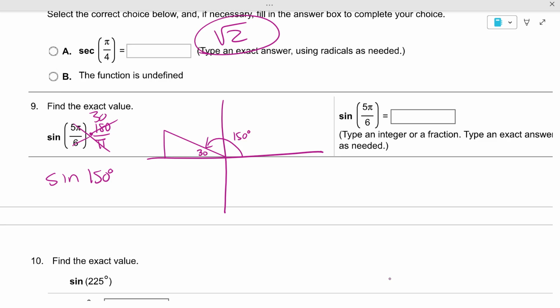So it makes a 30, 60, 90 triangle. The short side is 1/2, 1, and square root of 3 over 2. Okay, sine is which side? Opposite. Opposite over hypotenuse, 1/2 over 1 is just 1/2.